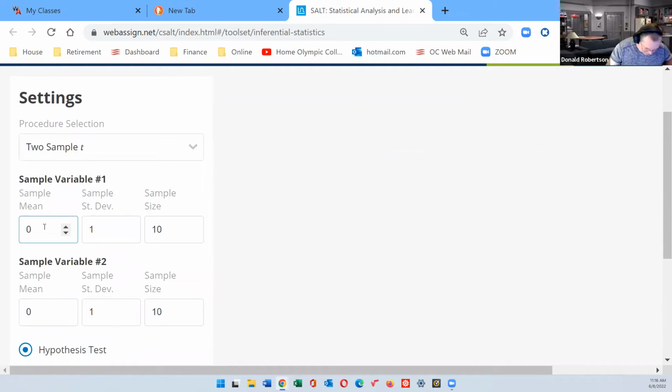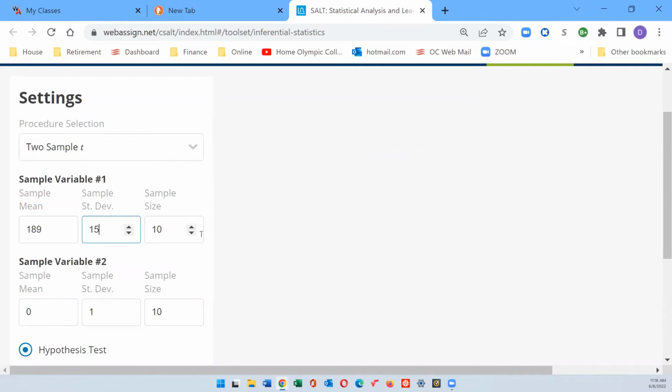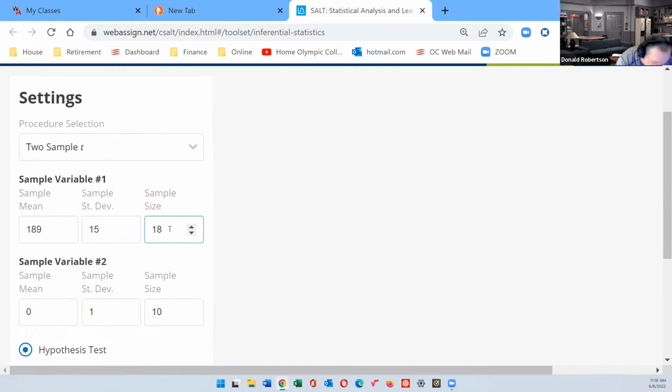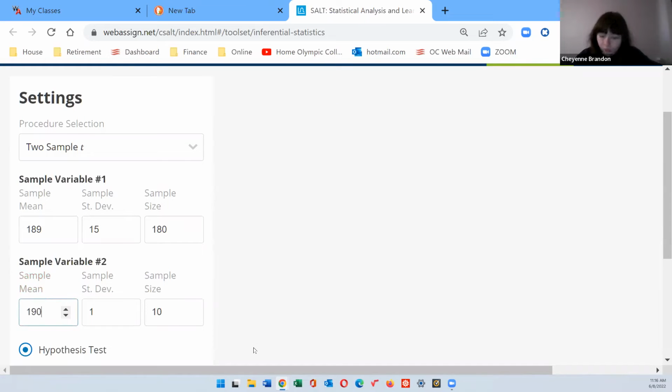And here you put the first group. So that was the Americans. The Americans had an average of 180. The standard deviation for the Americans was 15. And the sample size was a really reasonable 180. Now the second one, the Scottish guys. You put the sample mean for the first one wrong.